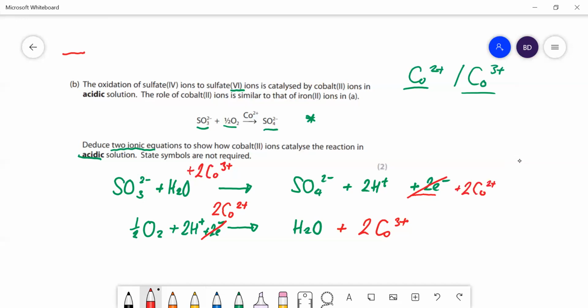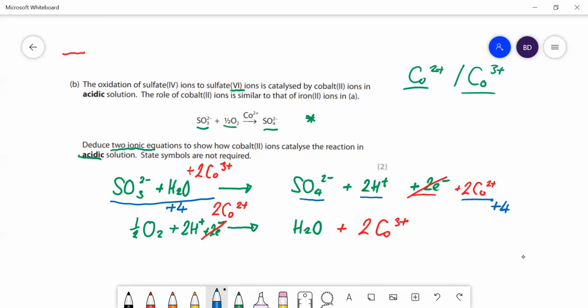I'll just do the top one as an example. Well, what's the total charge on this side of the equation? We've got 2 minus on the sulfate, and we've got 6 plus, so that's plus 4 on the left. On this one, we have got 2 minus there and 2 plus, that's 0 so far. 2 times 2 plus, that's plus 4. So yes, we have put the cobalt 2 plus and 3 plus on the right side of the equation.